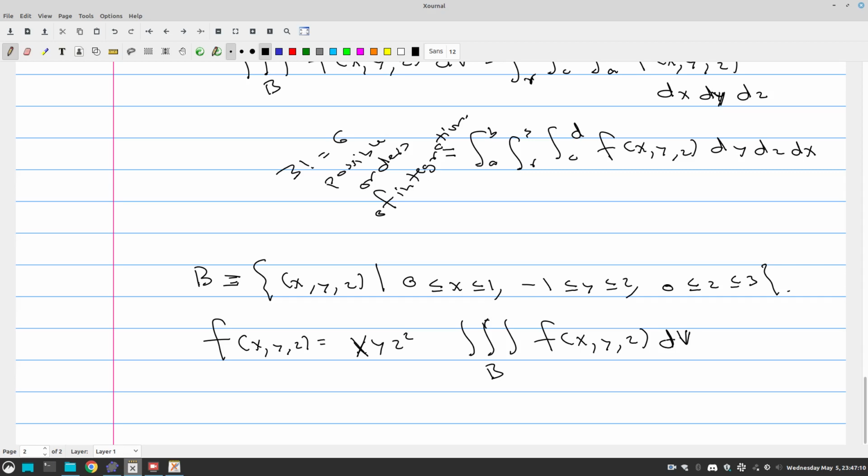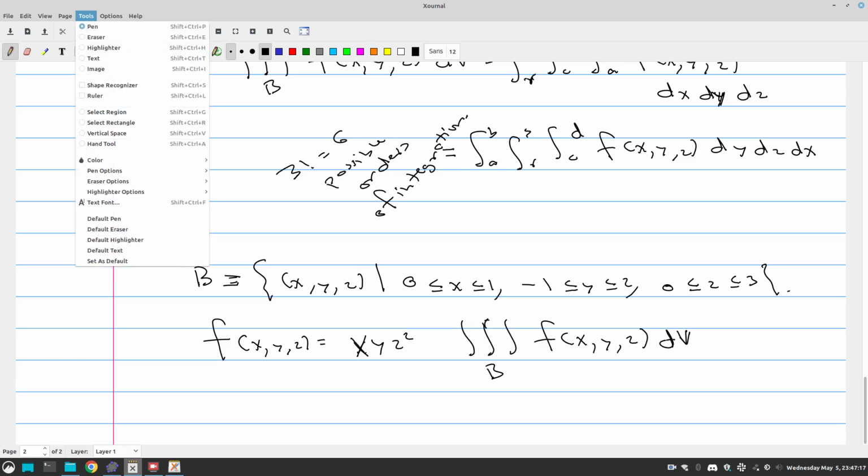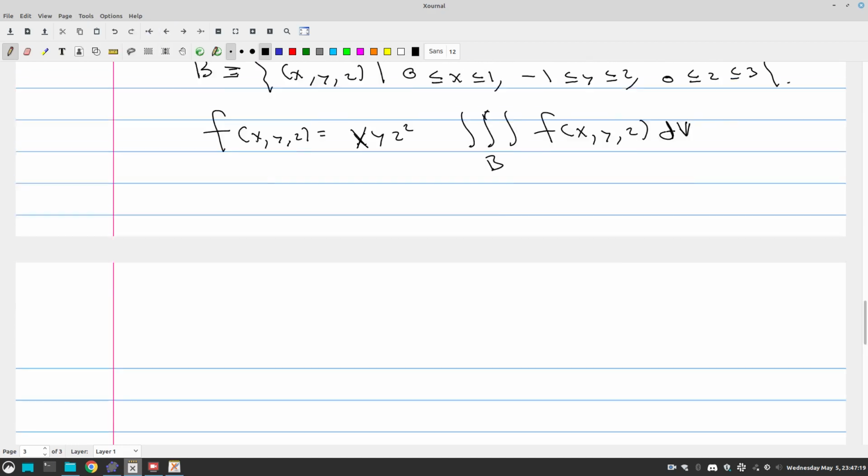This is something that can be evaluated using Fubini's theorem. Let's try to evaluate this using Fubini's theorem. So dV can be written as dx dy dz.